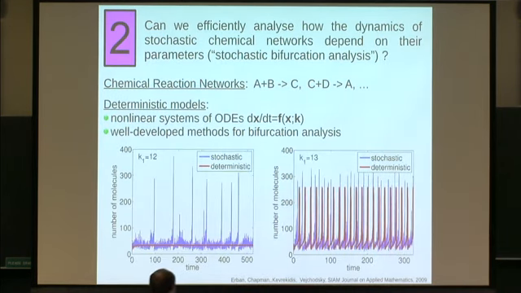So if I just take a model, grabbed from one of my papers, if you look just at the red lines, this is a typical simulation forward in time of this equation. So I have a nonlinear system of ODEs, I give some parameters, rate constants, and I simulate the system. So this is time, this is number of molecules or concentration.